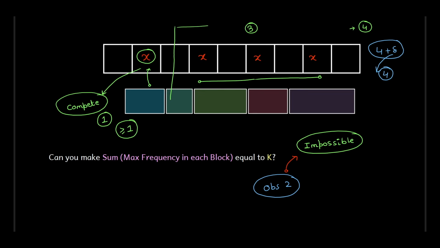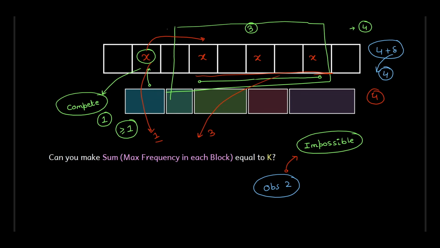So even after making this cut, since it is competing for the maximum frequency, even if it is not part of this group, it will still contribute 1. And since the others are part of the same block, they will contribute 3. So you see that they still produce 4.